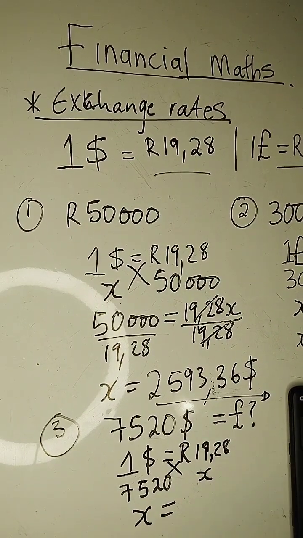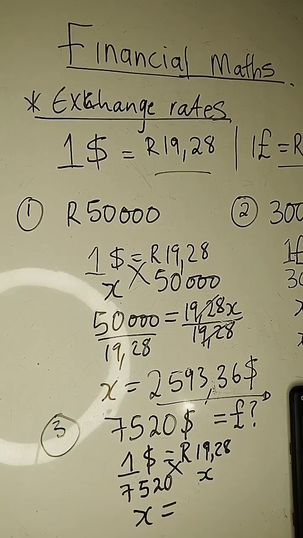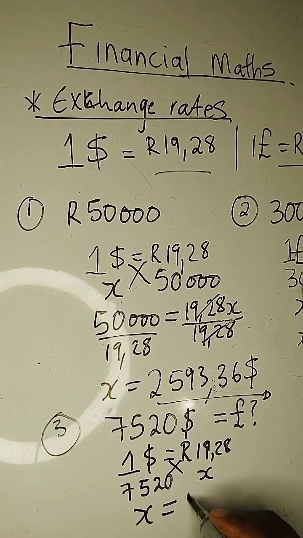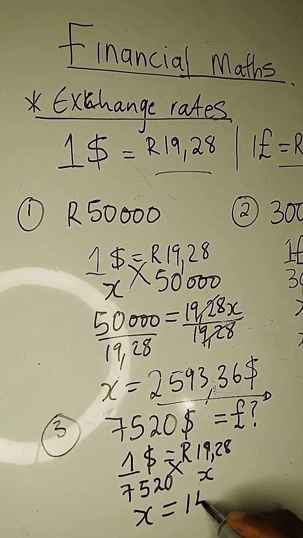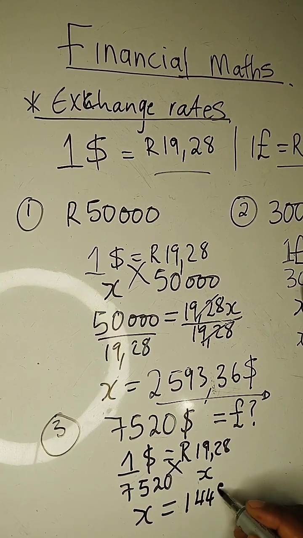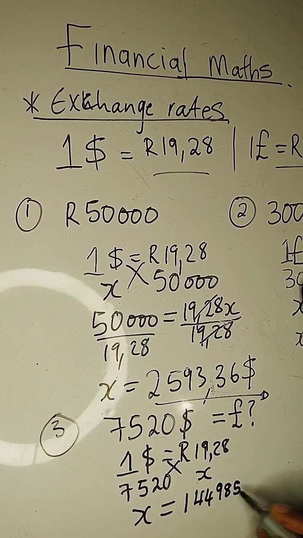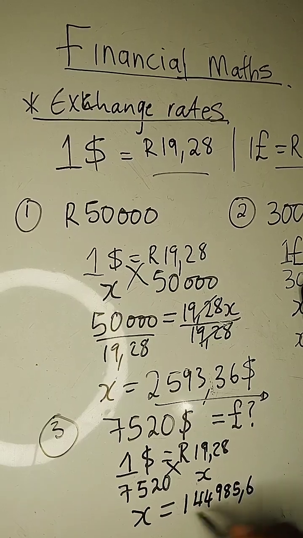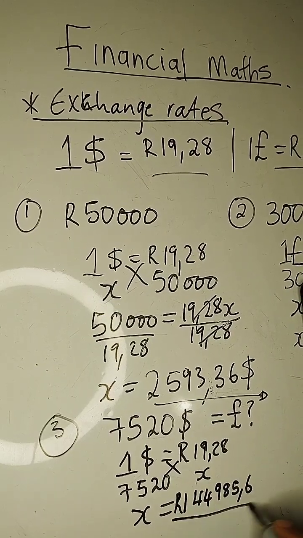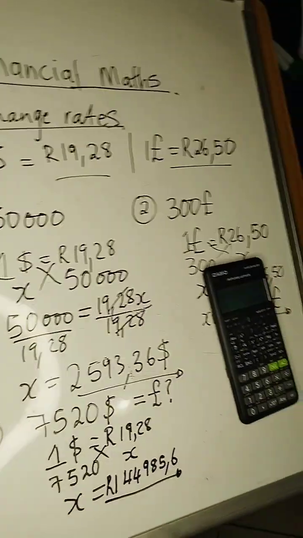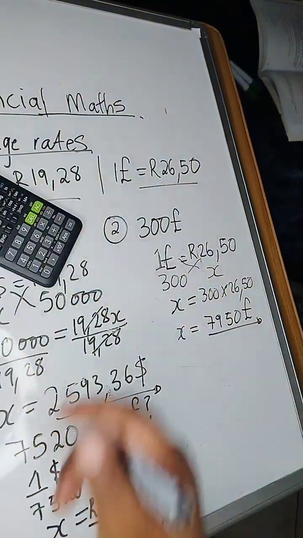This is 0.28. So you will have 144,985.6. You remember this is in what? It is in rands.